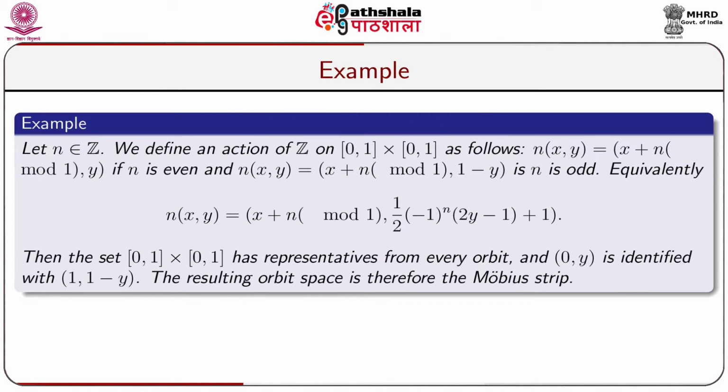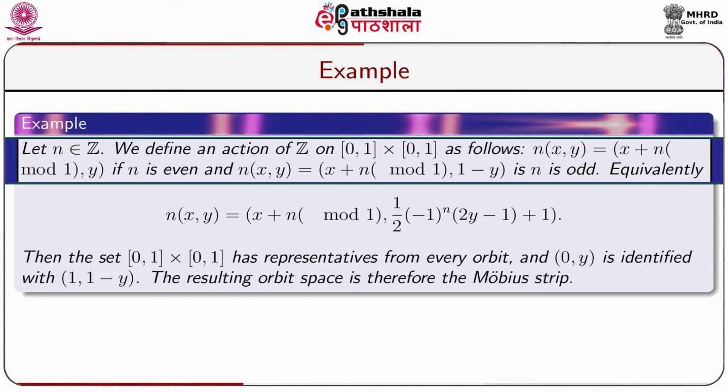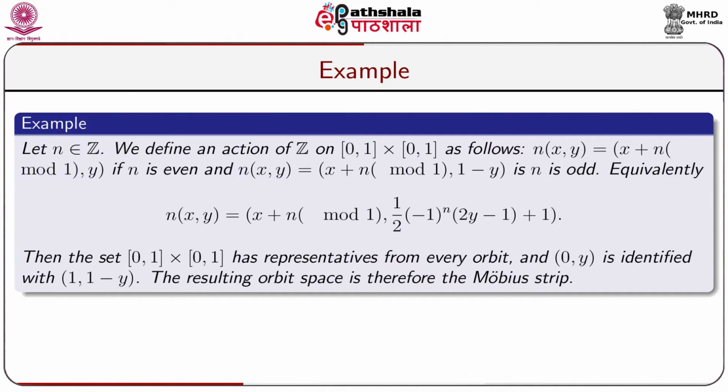Let us consider an example where the group Z acts on the space R cross the unit interval. Let n belong to Z. Let us define the action n of (x,y) is equal to (x plus n, y) if n is even, and n of (x,y) is equal to (x plus n, 1 minus y) where n is odd.